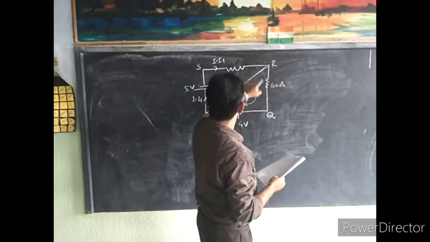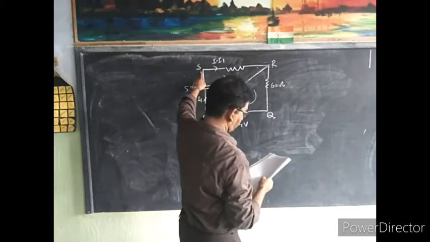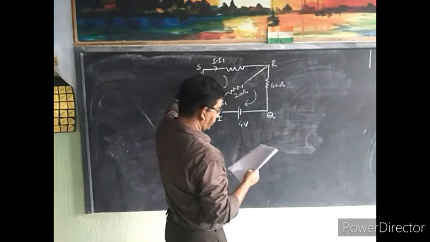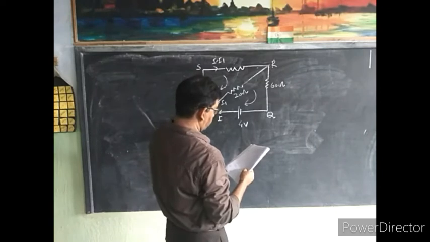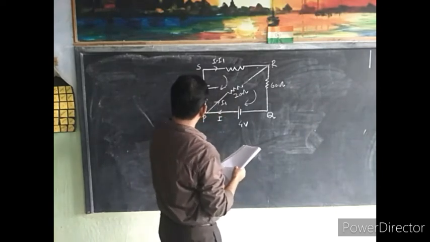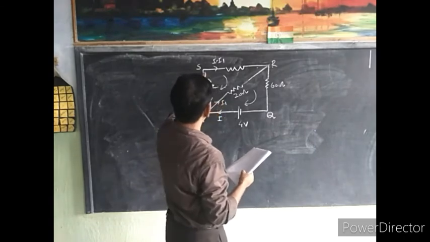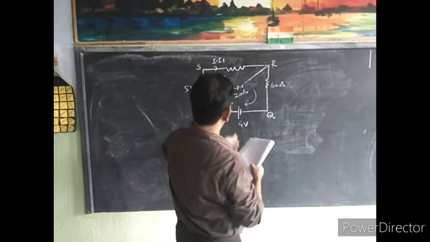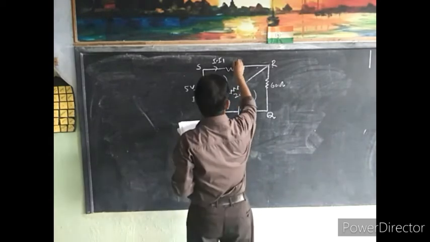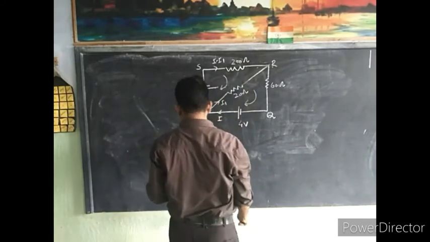PS has a battery of 5 volt and negligible resistance with positive terminal connected to P. RS has a resistance of 200 ohm.